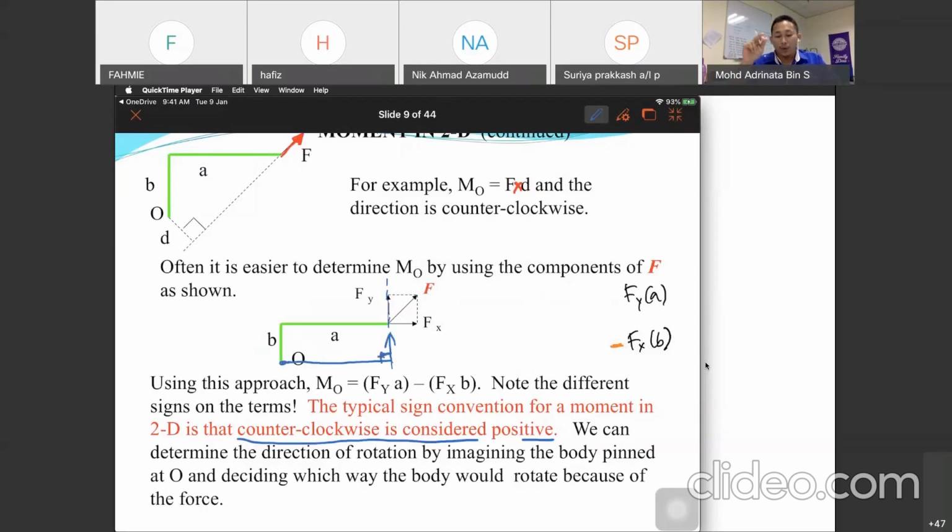Fix that O and try to rotate in the direction of the force. You will get that your Fy will turn in a counterclockwise direction. So counterclockwise direction is positive.